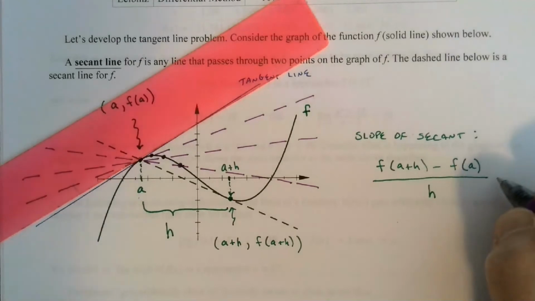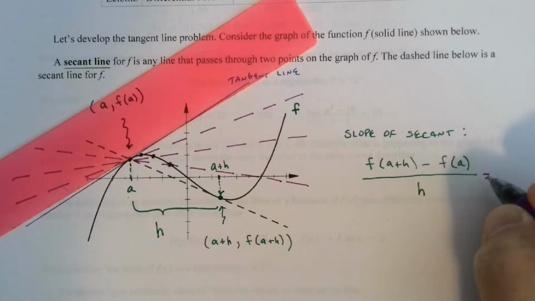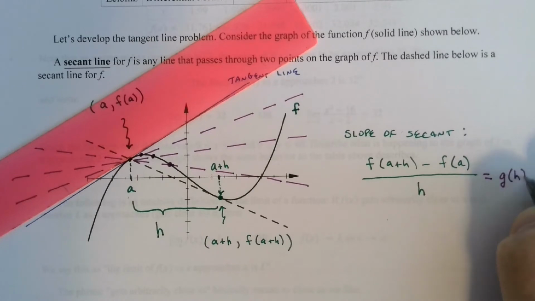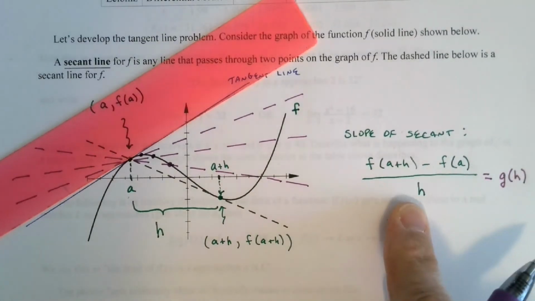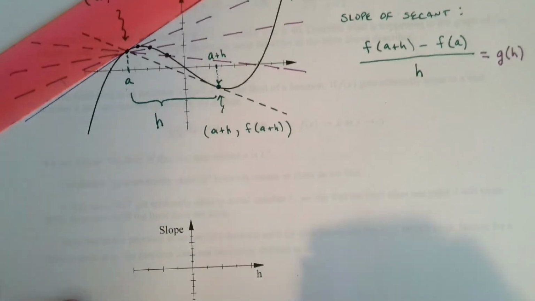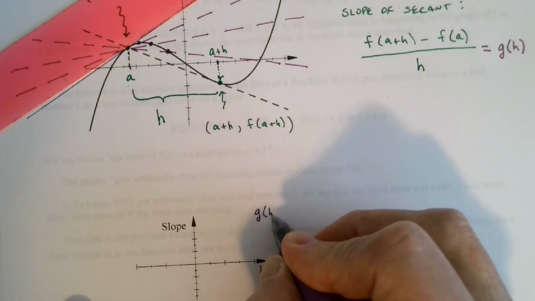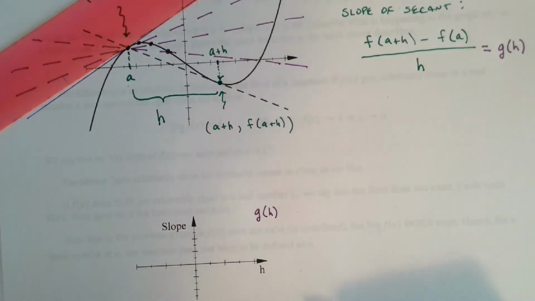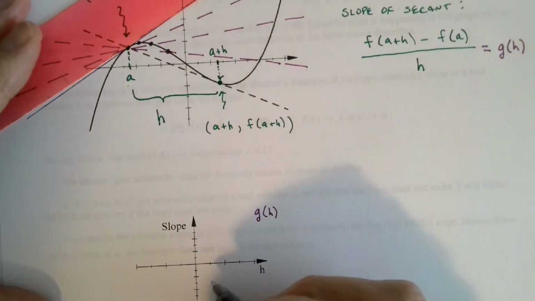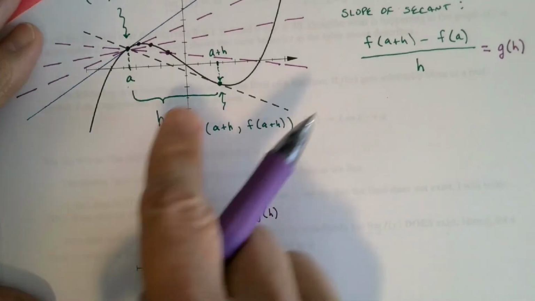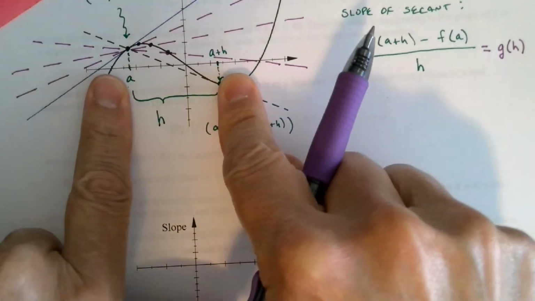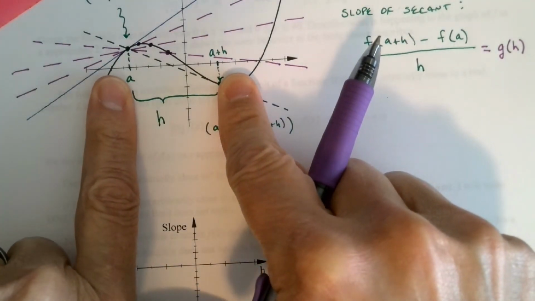So if I think about this slope as a new function, say, of h, g is a function of h. If I were to graph g as a function of h, what would the graph of g of h look like? Let's graph the function g of h down here. Well, what would happen is, I would measure the slope when h was some positive difference here.